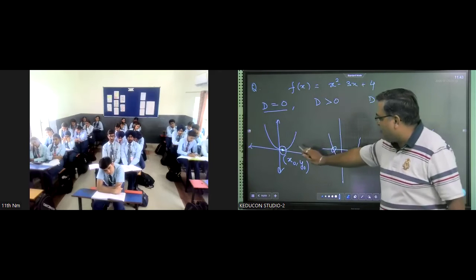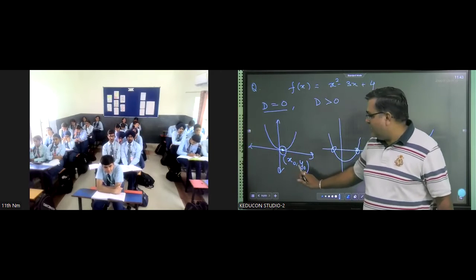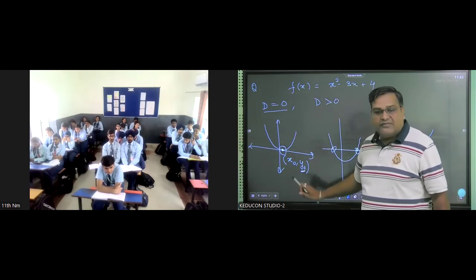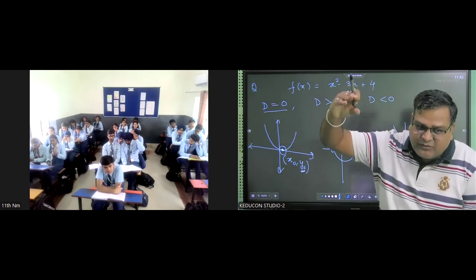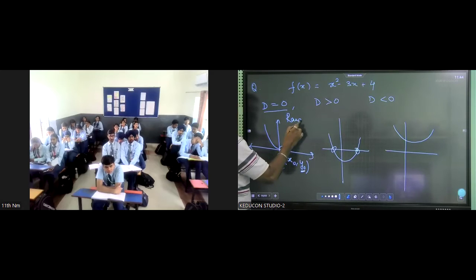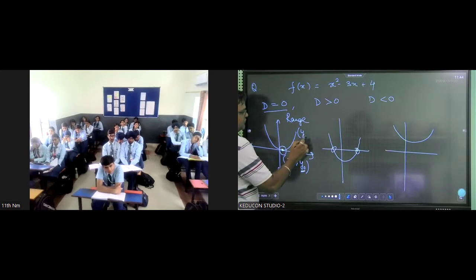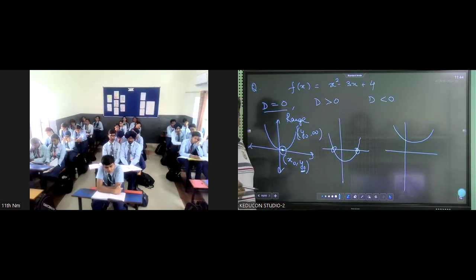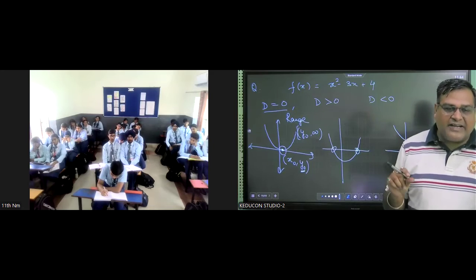What this graph shows कि जो y की जो minimum value है, that is y naught. y की जो minimum value है y naught है, but उससे ऊपर ही जा रही है वैल्यू. तो इस केस में रेंज क्या आ जाएगी बच्चों आपके पास? What will be the range? Y naught to infinity. Yes or no? Y minimum value. Are you getting it or not?